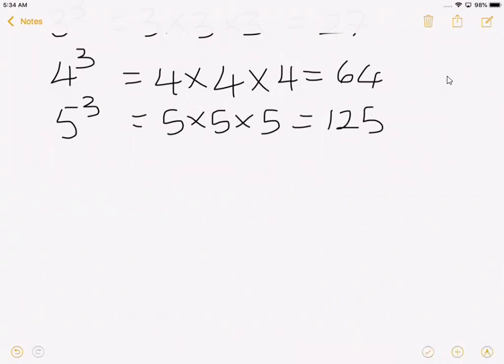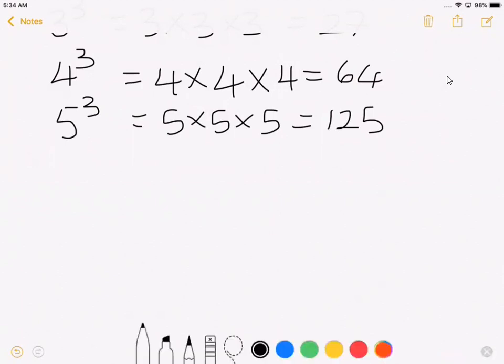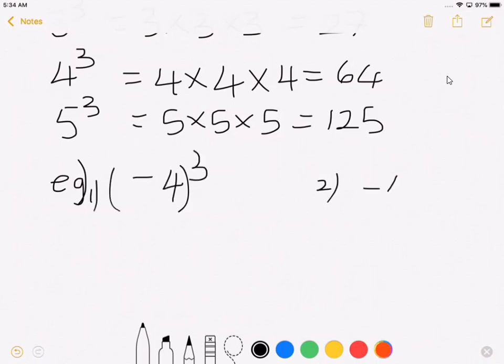Now let's do an example using the cubed. For example, I'm going to say (minus 4) to the power of 3, and example number 2 is minus 4 cubed. With the first one, minus 4 is being raised to the power of 3. Both the negative and 4 are being raised to the power of 3.